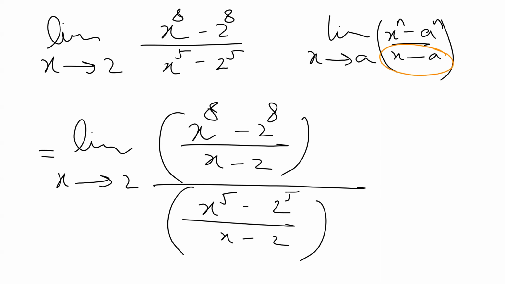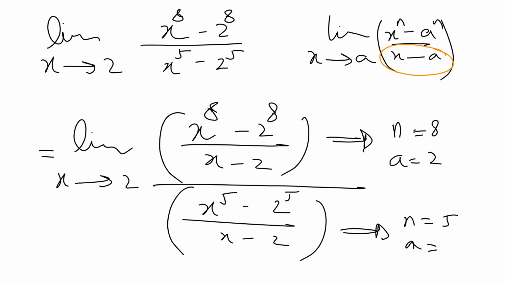Here in the numerator, what is n? Now we can apply the formula up and down. Tell me, what is n? 8. And what is a? 2. In the denominator, what is n? 5.